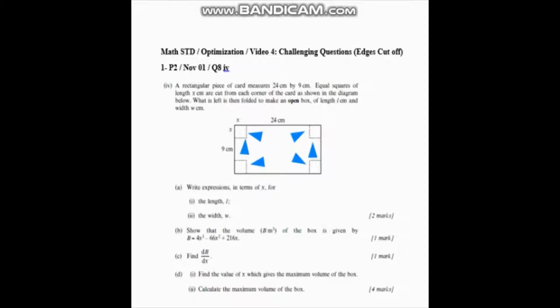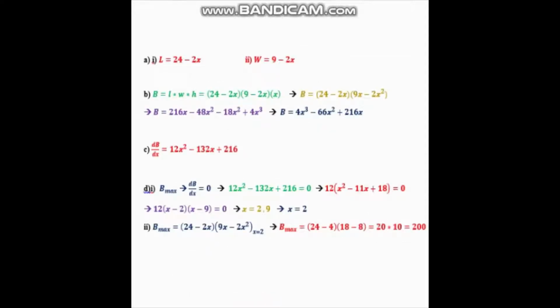Hence, volume equals length times width times height: 24 minus 2x times 9 minus 2x times x. What I've done is I've taken this x and distributed it onto this bracket to obtain this bracket right there.